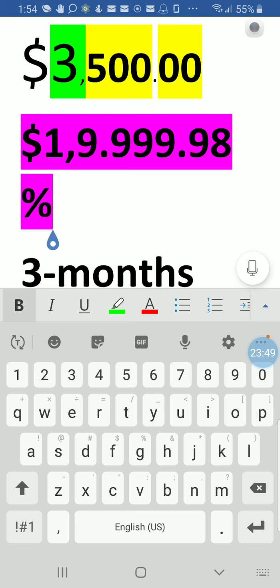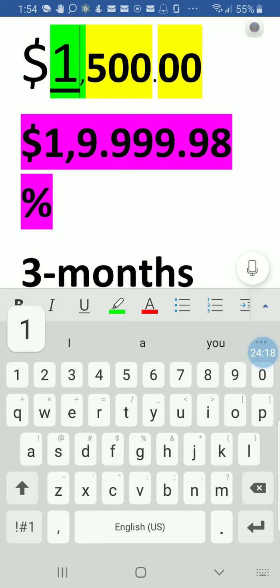So about every 3 months it will be 3,500. That's still a smaller number compared to the 500 right there. Even if we were to change that to a 4, that right there is a bigger number than the 1 right there.